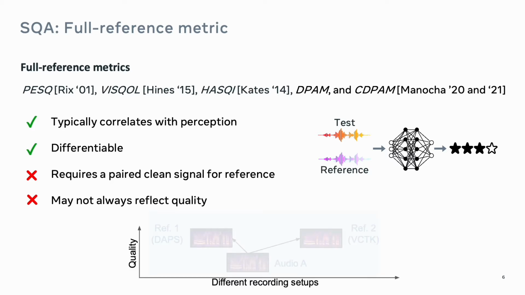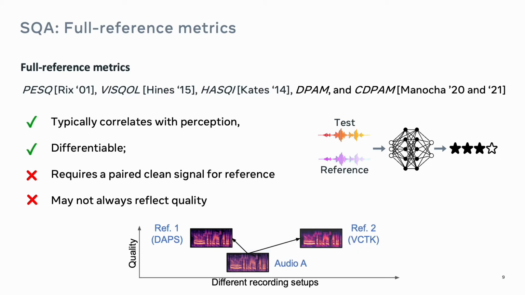So in the given figure, we have subjective audio quality on the y-axis and different acoustic setups on the x-axis. We first select a random recording, audio A, on the plot and then select a reference recording, reference 1, that has a similar acoustic setup to audio A. The length of the arrow denotes the similarity, and we note that audio A and reference 1 are very similar and therefore have high quality.